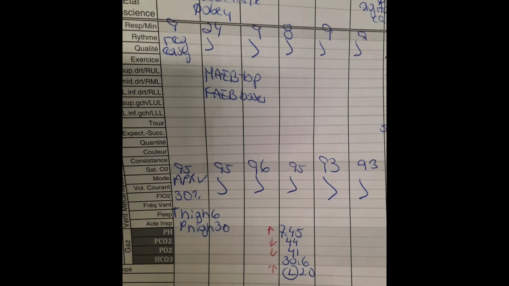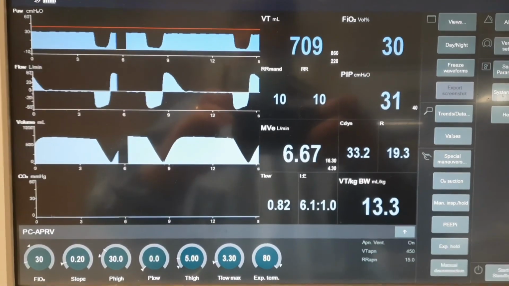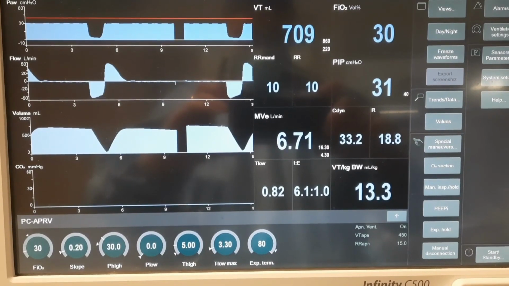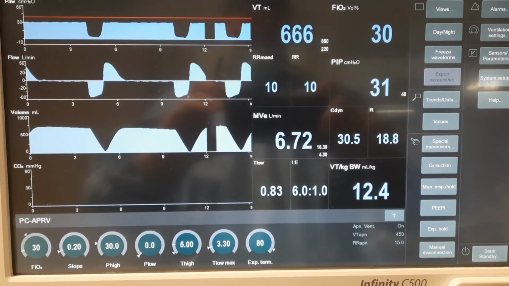So I'll end this video just with a brief recording of the ventilator screen on APRV with a stretched out T-high of 6.